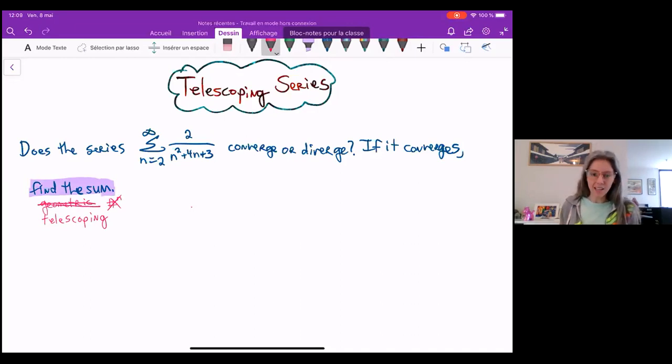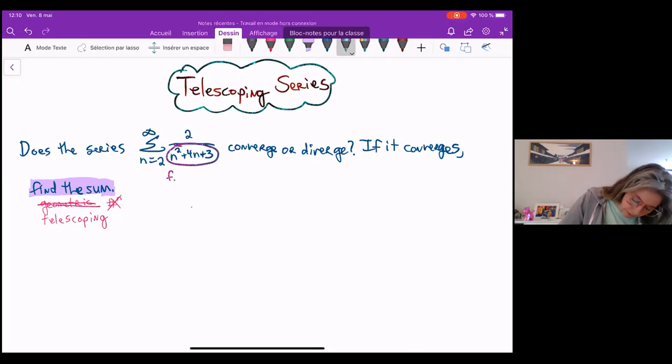Now, the second indication here is that we have what looks like a rational function, even though this isn't a function because it's a series, and the denominator here can be factored. So it's possible we're going to be able to do a partial fractions decomposition to turn this into a subtraction.